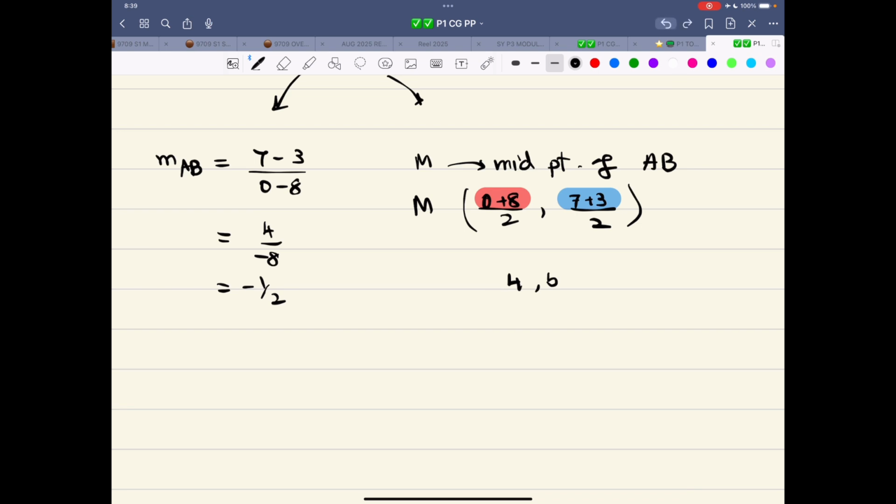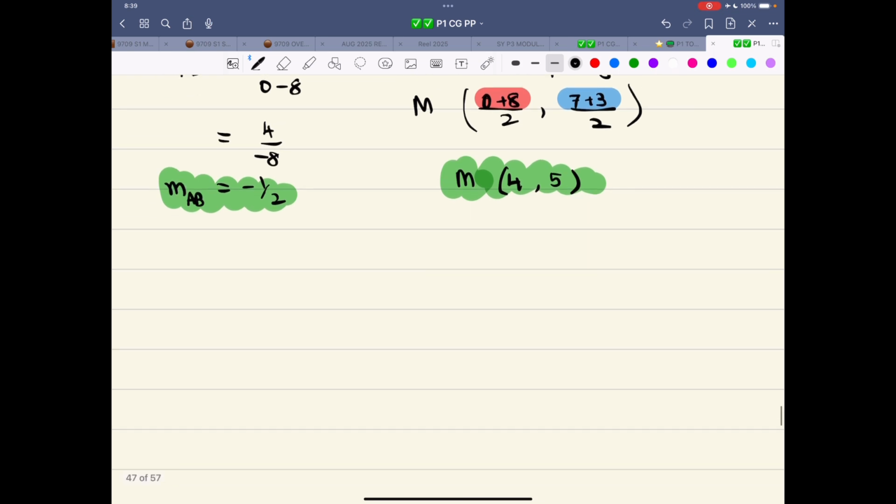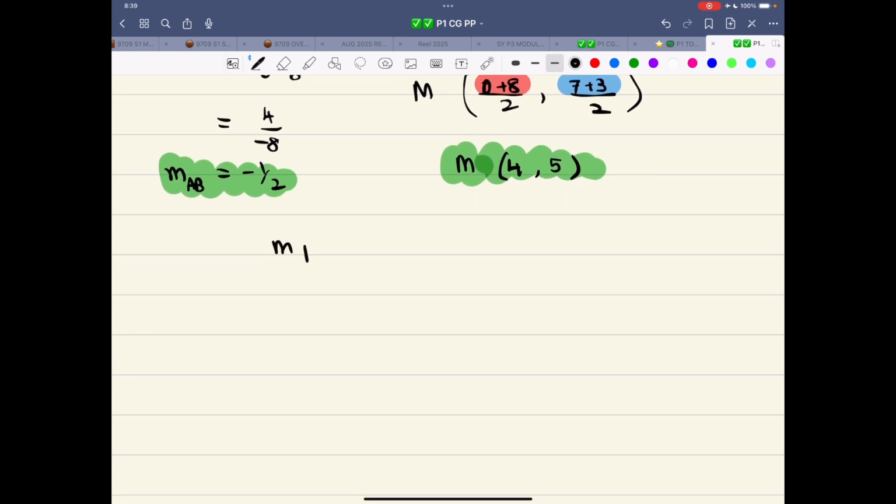So 4 comma 5, let me write 5 properly. That is the midpoint. Now this is all good, all done. So we have m over here, and we have this thing which is gradient of AB over here. But remember that if two lines are perpendicular, one gradient is the negative reciprocal of the other. So therefore this is plus 2 because of the relationship of two perpendicular lines.